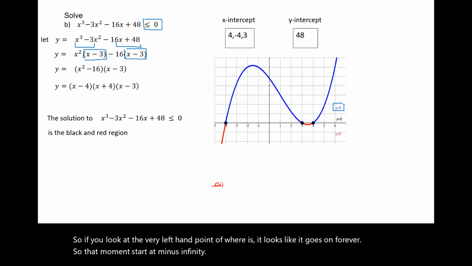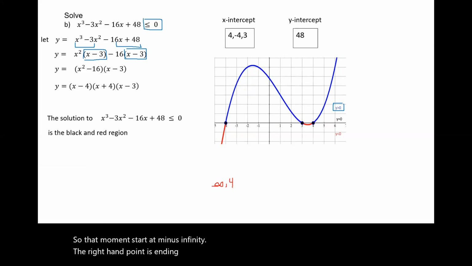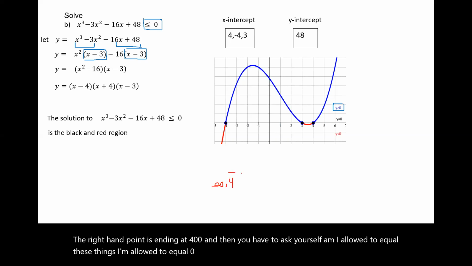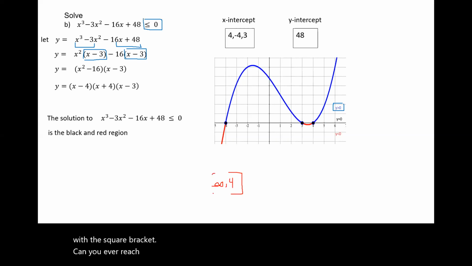The right-hand point is ending at 4, and then you have to ask yourself, am I allowed to equal these things? I'm allowed to equal 0, so yes, I'm allowed to equal 4. So we indicate that with a square bracket. Can you ever reach infinity? Never. So that's a round bracket. So there's that answer.